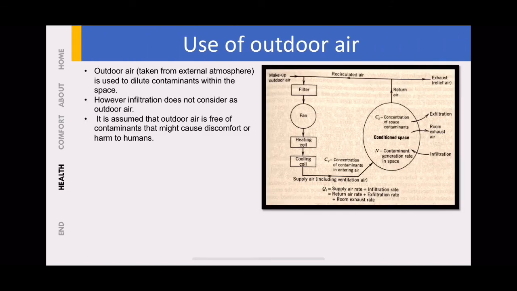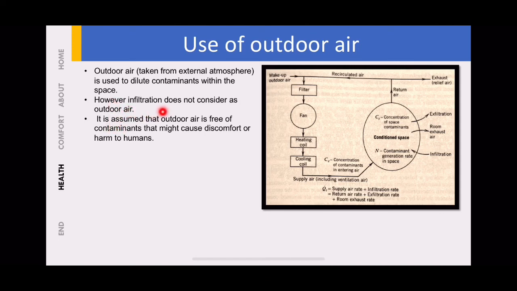The use of outdoor air, the second one. Outdoor air is taken from the external atmosphere and used to dilute contaminants within the space. You can also purge them from the space. You purge out the contaminants and take fresh air inside, right?